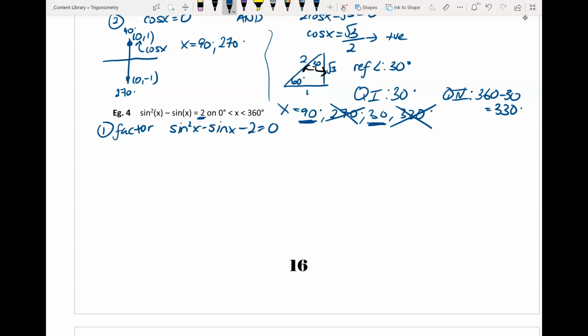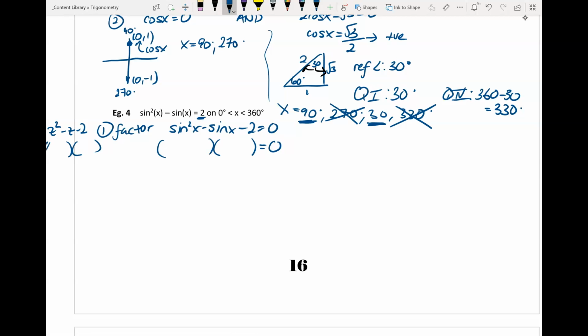The way we're going to do this is like how we would factor before when we were given a trinomial. We're going to have 2 sets of brackets like that. If this again confuses you, you can always replace sine x with something like z and then factor it this way.